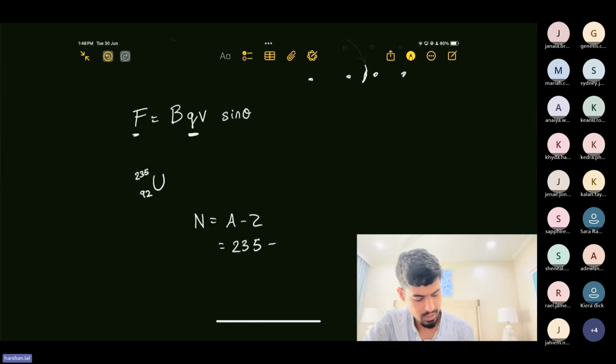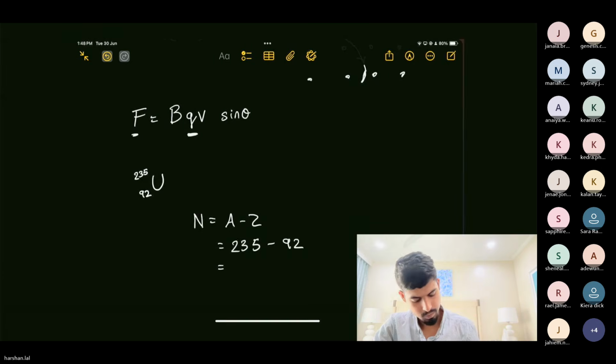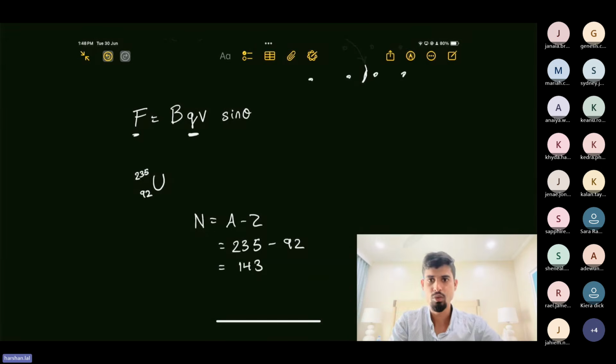And Z is equal to 92. So this would be how much? 143. Right, so 143.